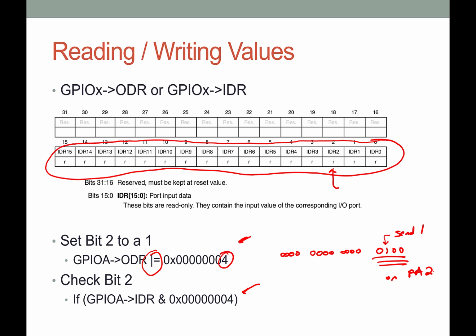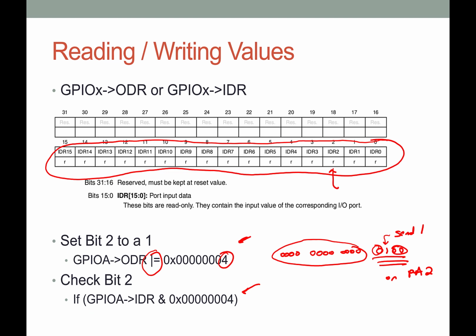Now notice we're exclusive ORing. So what are we doing with all the other bits? Even including these three right there, we're not affecting them. We're not doing anything to them because ORing with a 0 does not change anything, as does exclusive ORing with a 0. They're left at whatever they were.